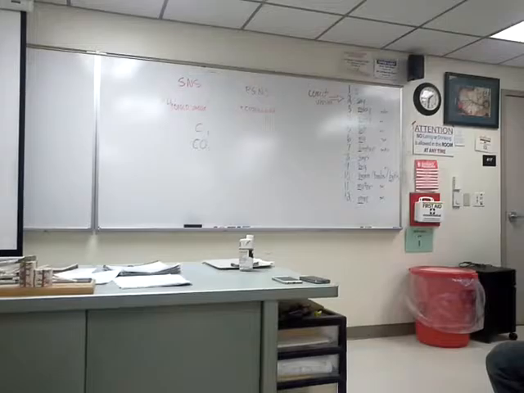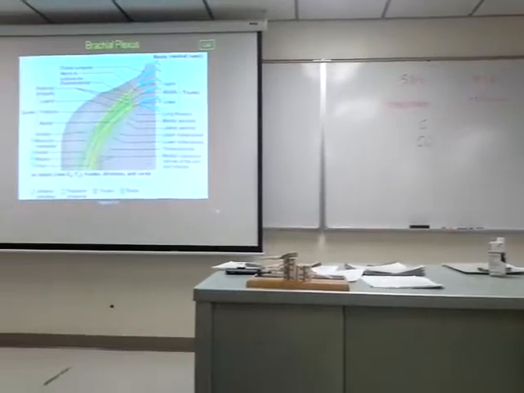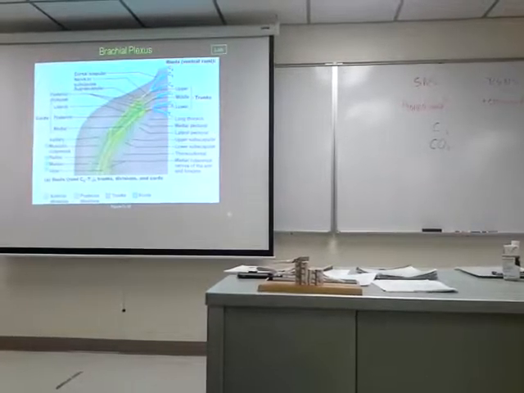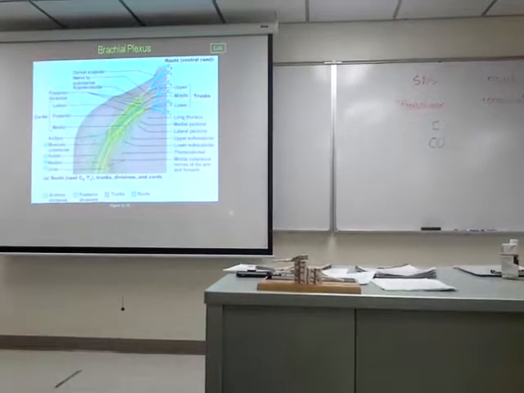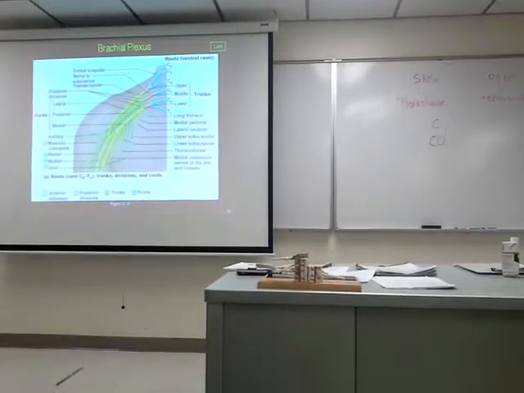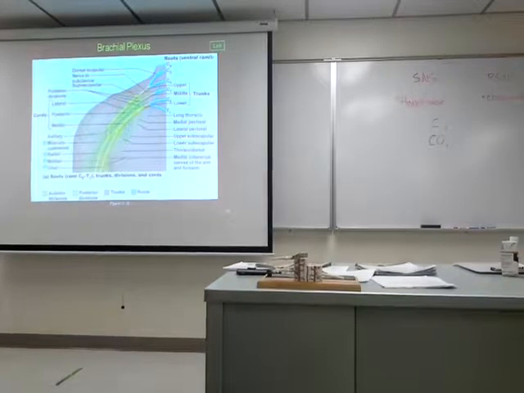What you do need to know is body region in general. So for the brachial plexus, you need to know that all the nerves that come off this plexus innervate muscles and skin of the upper limbs and pectoral girdle, rather than naming all the muscles, just upper limbs, pectoral girdle.